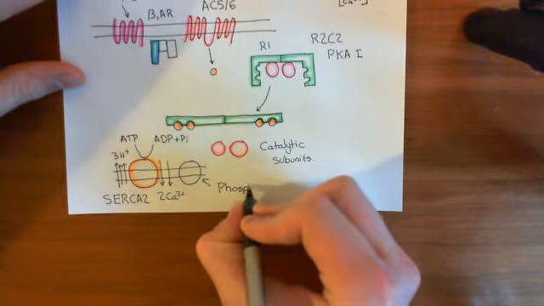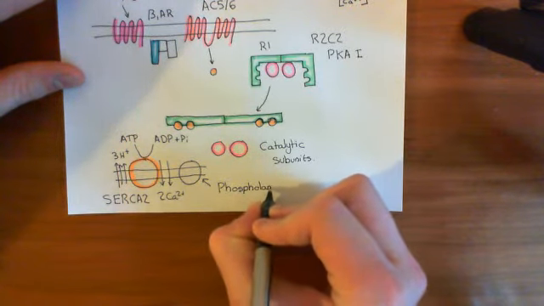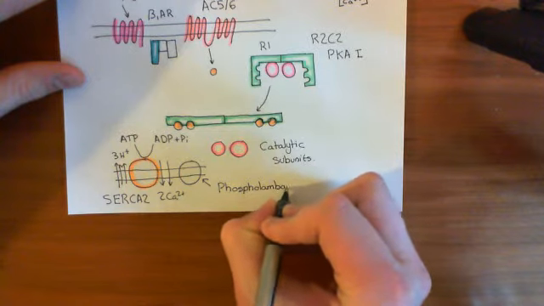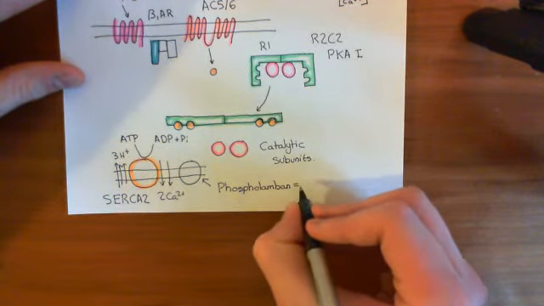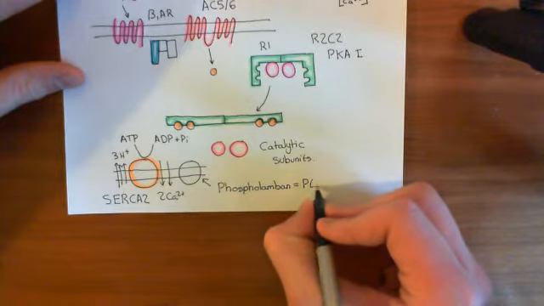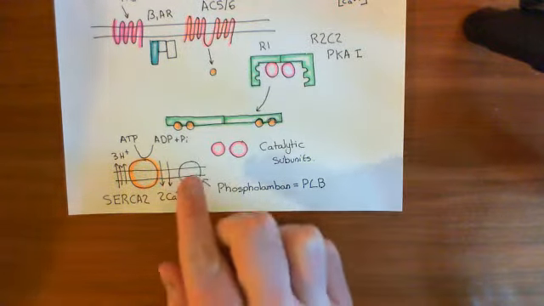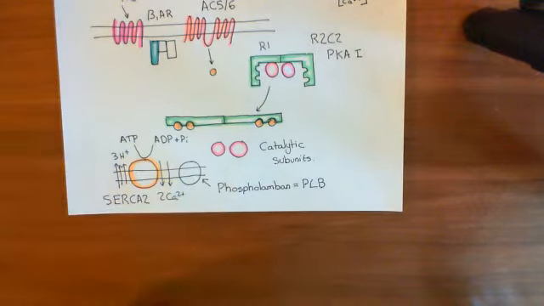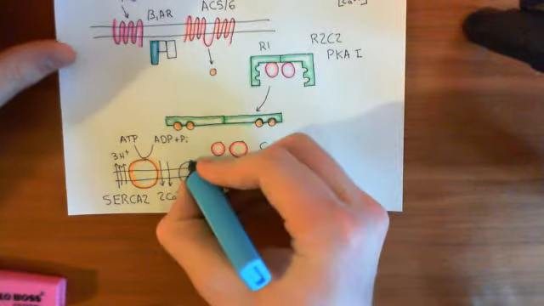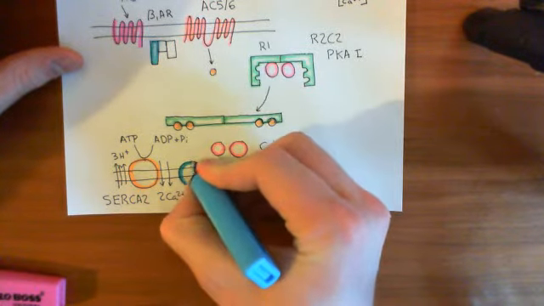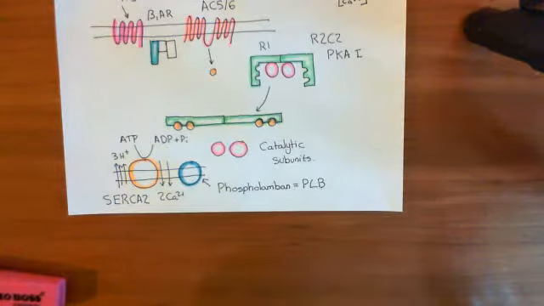And phospholamban, which is often also called PLB for short. Phospholamban basically associates with SERCA2, binds to SERCA2, and inhibits it. Okay, stops it from functioning to its full ability, basically, reduces the amount of calcium it is returning into the ER.